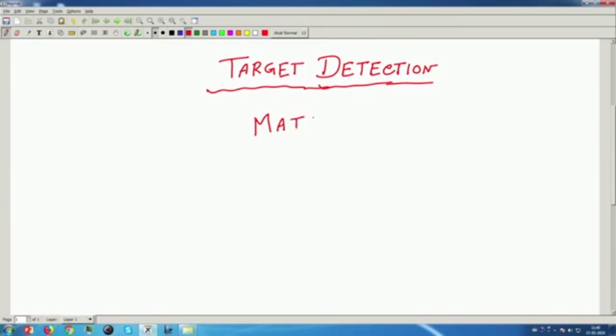What is a matched filter? We will first see the theory of the matched filter, then we will see how this matched filter not only maximizes SNR, it also helps for detection.